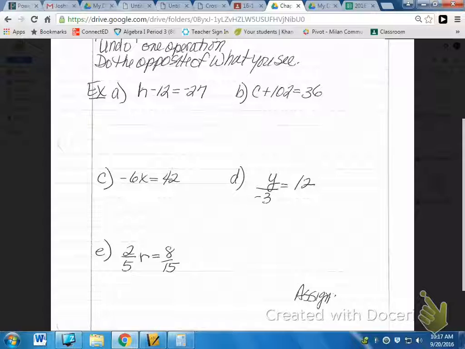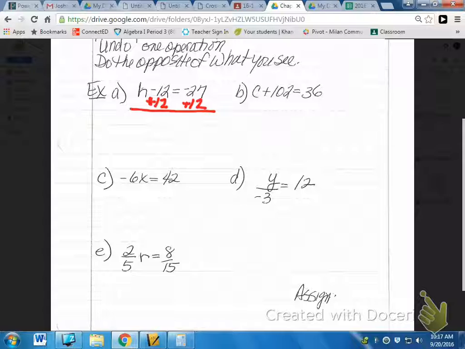So we need to isolate h and get h alone. If it says h minus 12, you do the opposite of that, and you would say plus 12 below it there, and plus 12 below the number on the other side. So we are doing the opposite of what we see. We're getting h alone, so you're going to add 12.